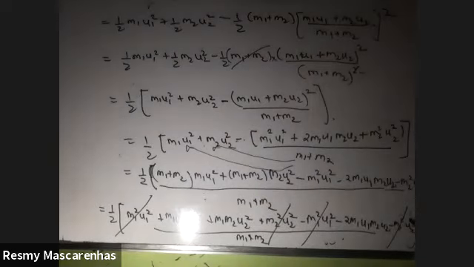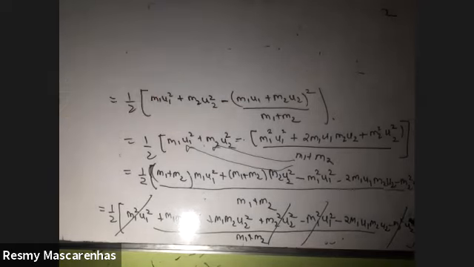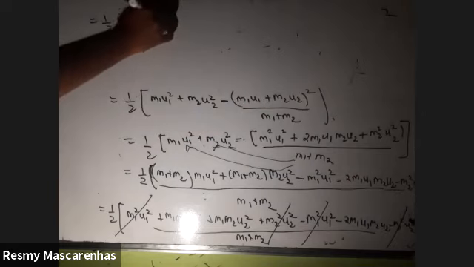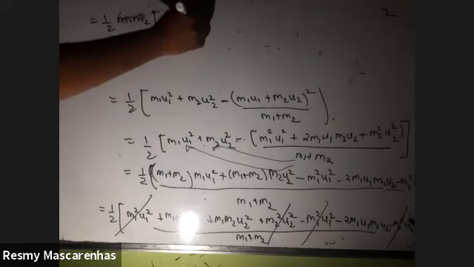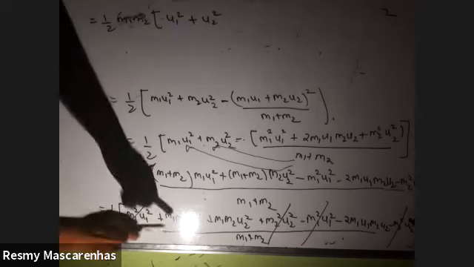Half m1, m2 I'm taking out common, u1 square plus u2 square. From here, m1, m2, everywhere you take out common.